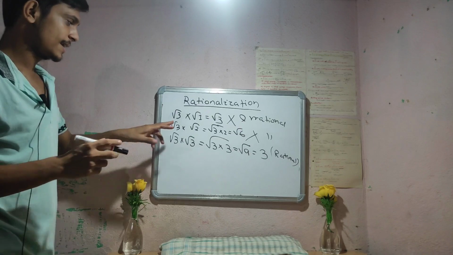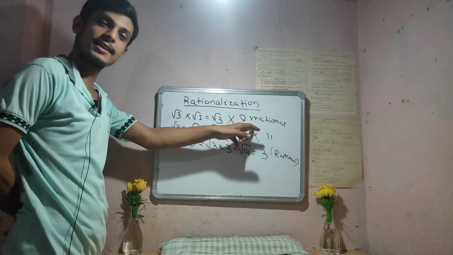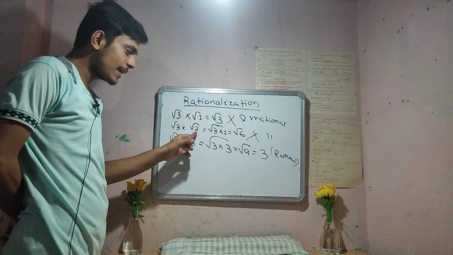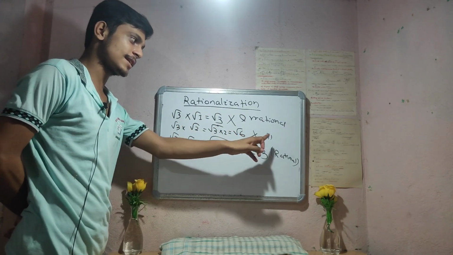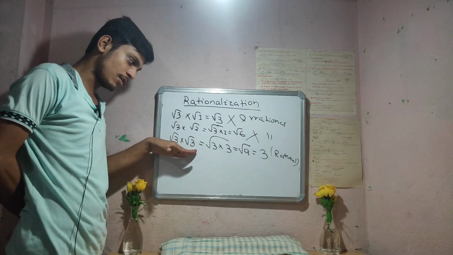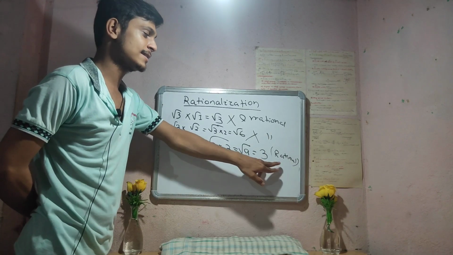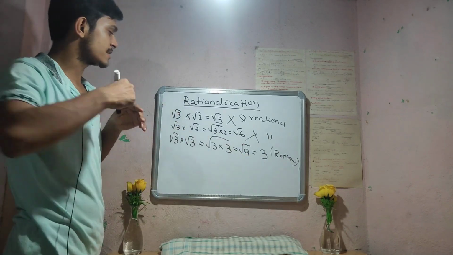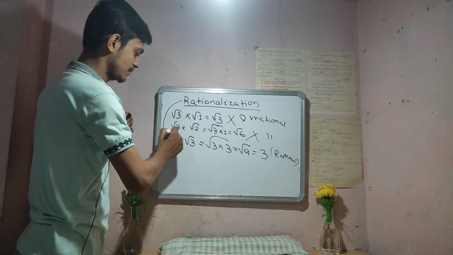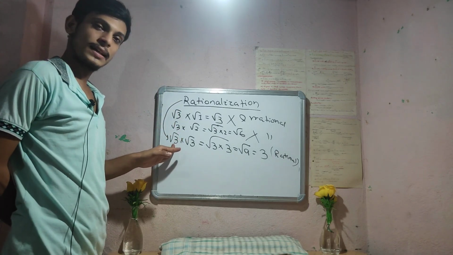When I multiply by 1, it is the square root of 3, which is irrational. When I multiply by the square root of 2, it is the square root of 6, which is also irrational. But when I multiply the square root of 3 with the square root of 3, that is 3 times 3 under the root, which gives 3. That is a rational number. So this is called the rationalization of an irrational number.